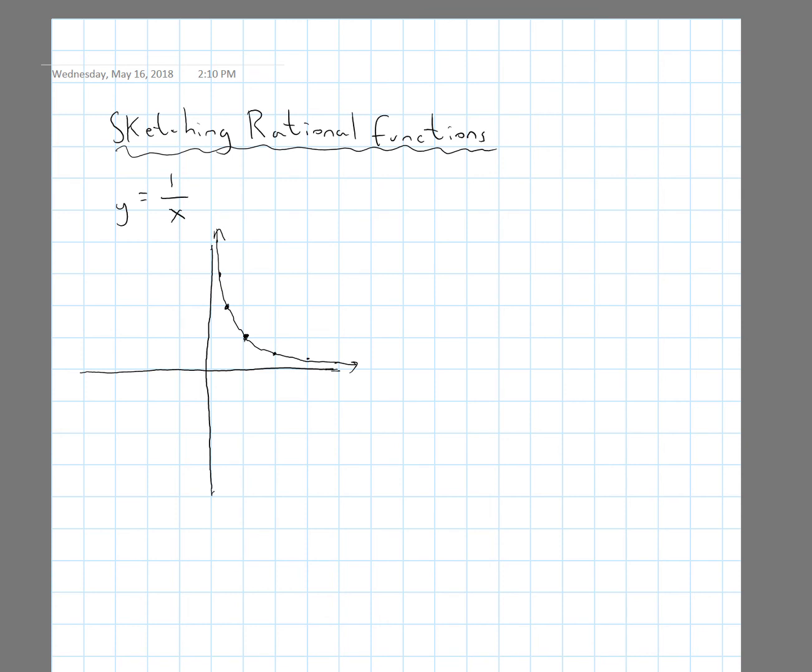We also should consider the negative side. When x is negative 1, y is negative 1. When x is negative 2, y is negative a half. When x is negative 3, y is negative a third. When x is negative 4, y is negative a fourth. And we'll have a really similar thing going on here.